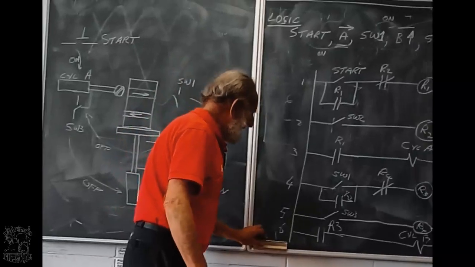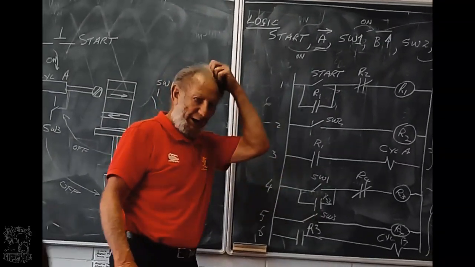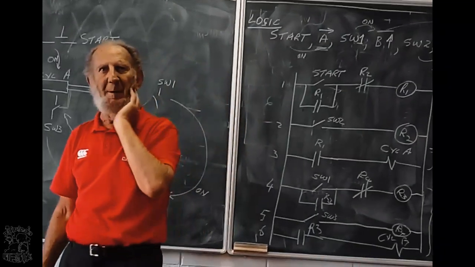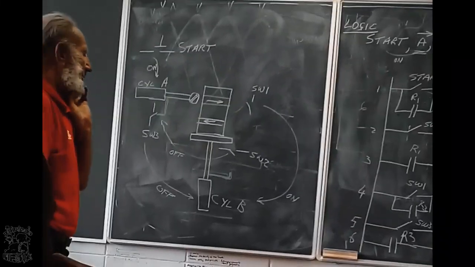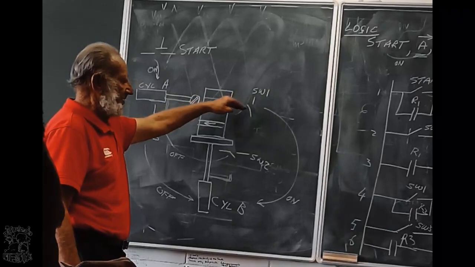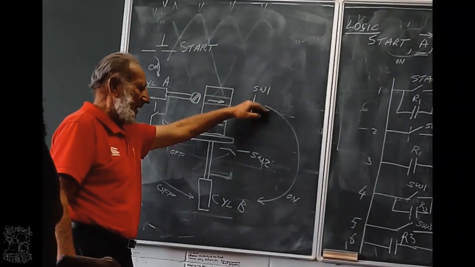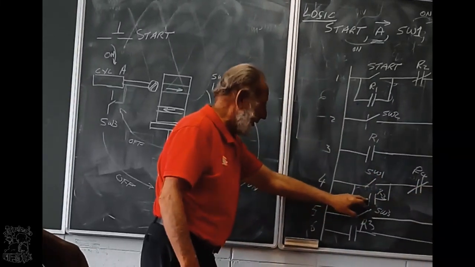Now, let's see what will happen if this contact of relay 3 stays open. Okay, what will happen then? When I press start, this thing moves up, it touches switch 1. That relay will get power, this will close.